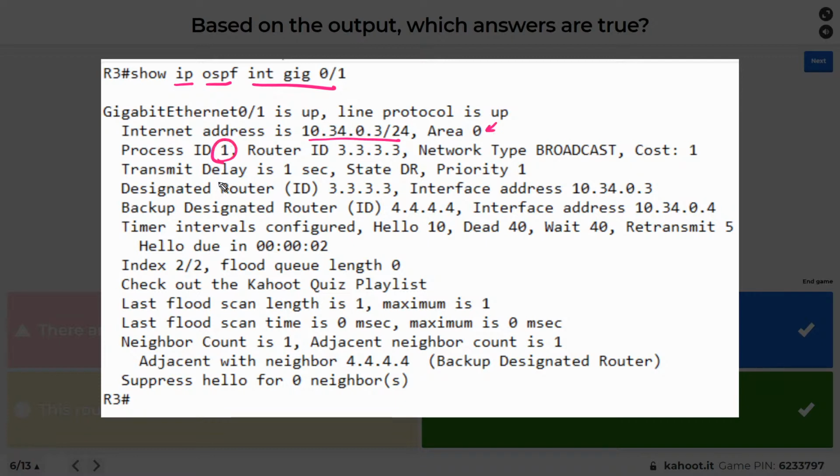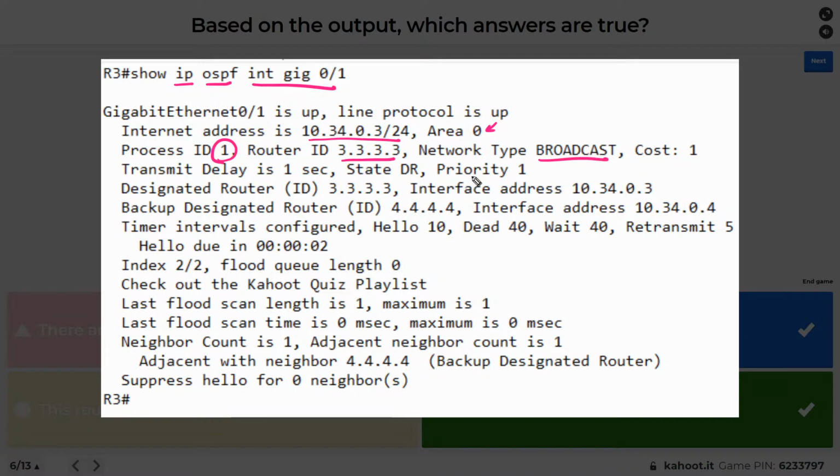There's the router process ID. So when the configuration went in, it went router OSPF 1, and the router ID is 3333. It selected that either through a router configuration or the highest IP address on a loopback, or if there's no loopbacks, it was the highest IP address on any IPv4 interface when OSPF was started. So we don't know exactly how it got there, but that's the router ID.